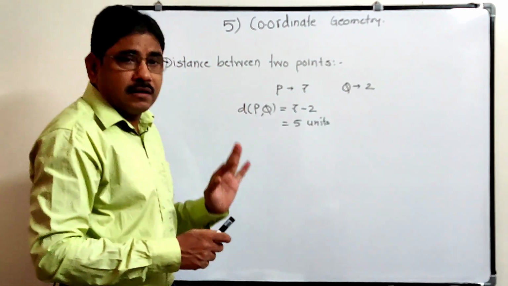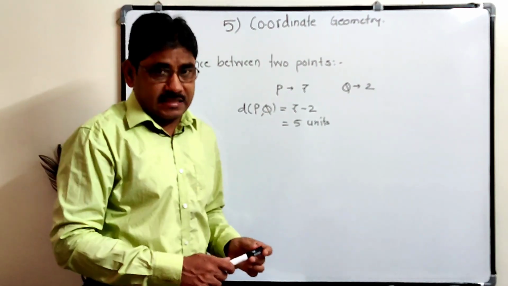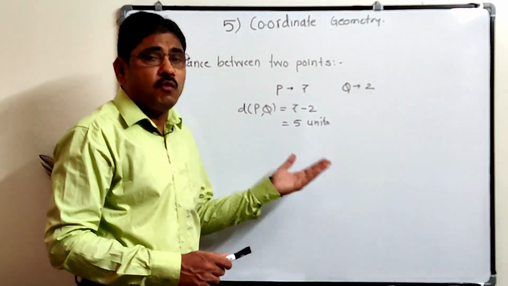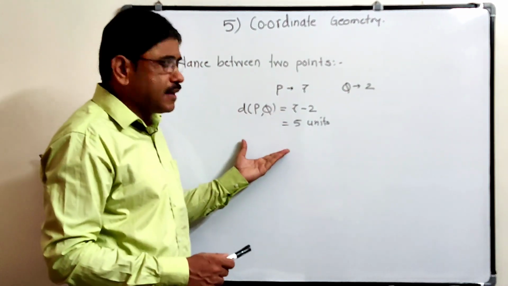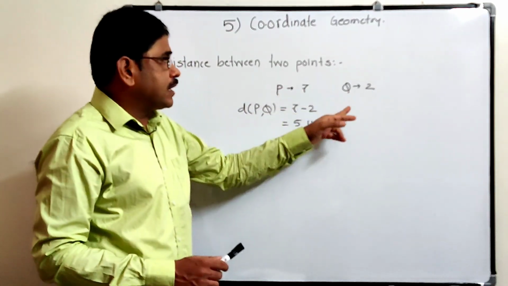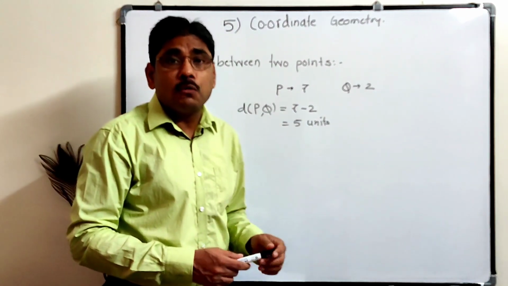So the same method we have to use to find the distance between 2 points on the axis. If 2 points are on the x-axis, or 2 points are on the y-axis, then we can use the same method. Because here the larger coordinate minus smaller coordinate directly gives the distance between these 2 points.